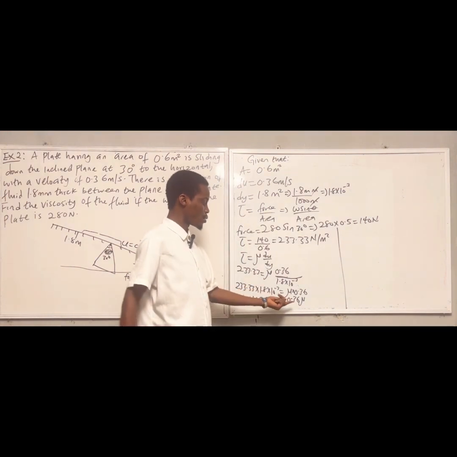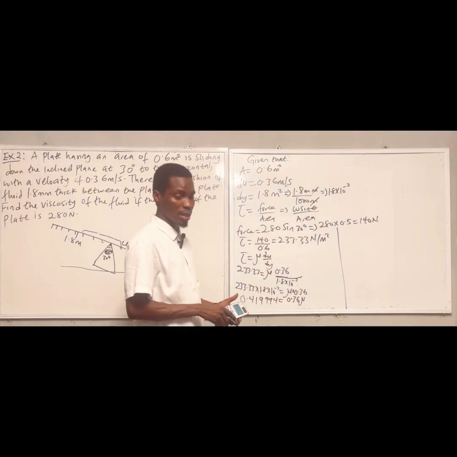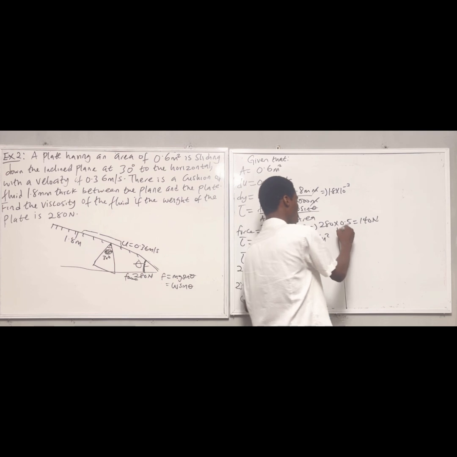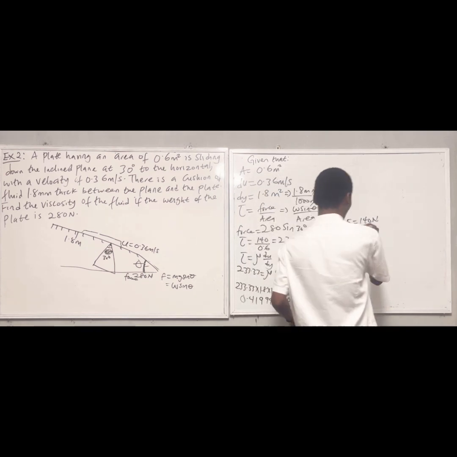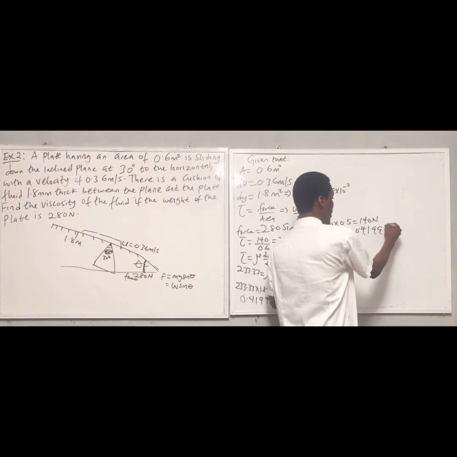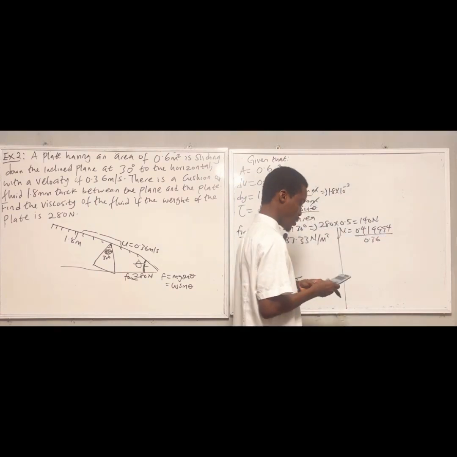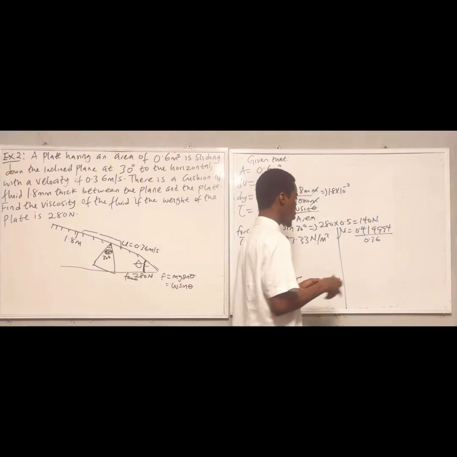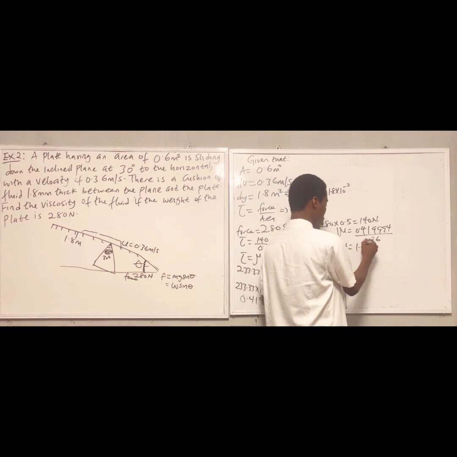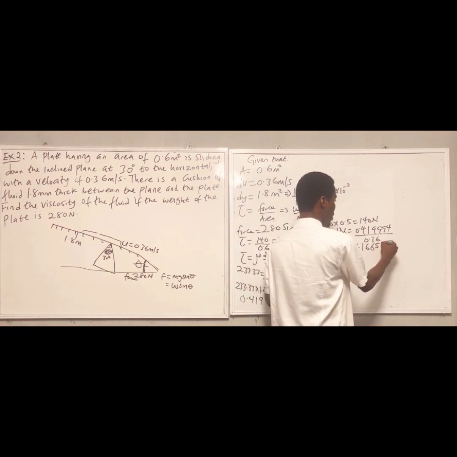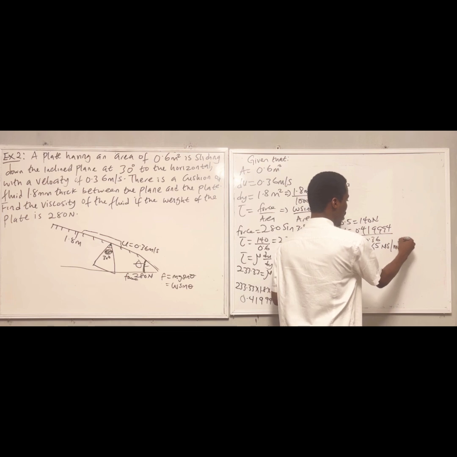I want to get mu, so I divide both sides by 0.36. So mu is equal to 0.419994 over 0.36. If I divide this by 0.36, my mu will now be 1.1665 Newton second per meter square.